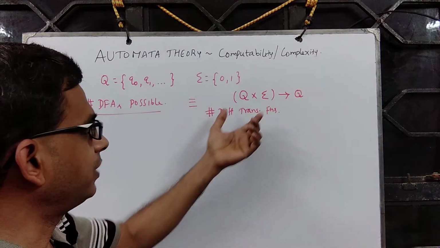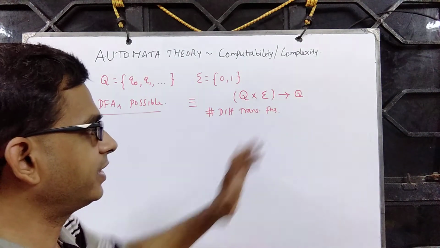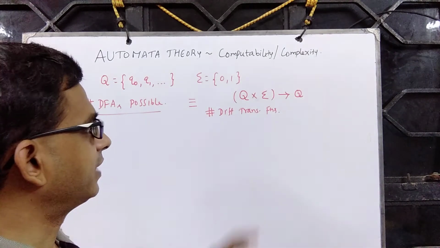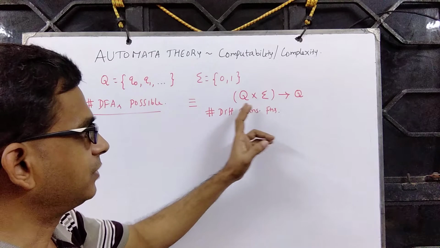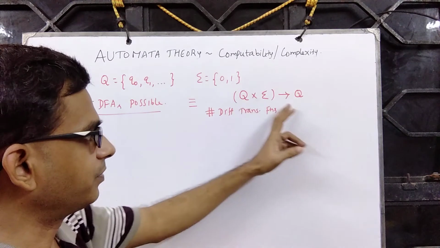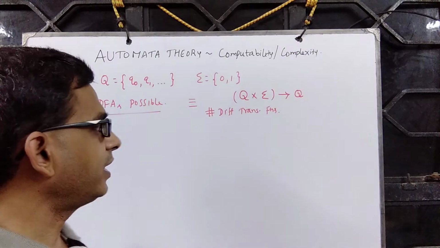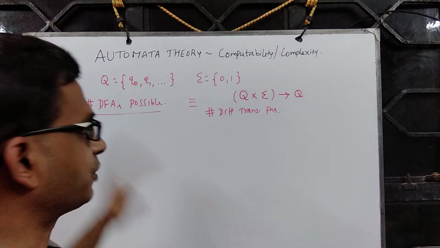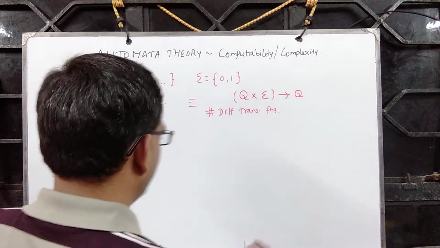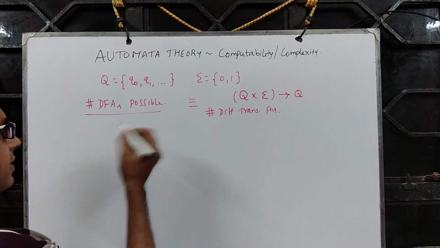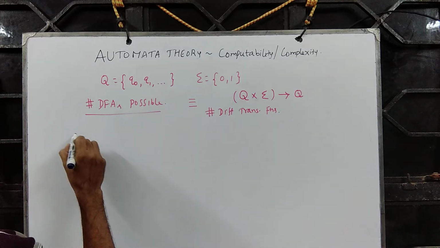You just count the cardinality of the domain and the cardinality of the codomain. With that we can count the number of functions which map Q cross sigma to Q, and a little more work on that will answer this question. Okay, let's look at a couple of examples, then we will focus on the generalized question.